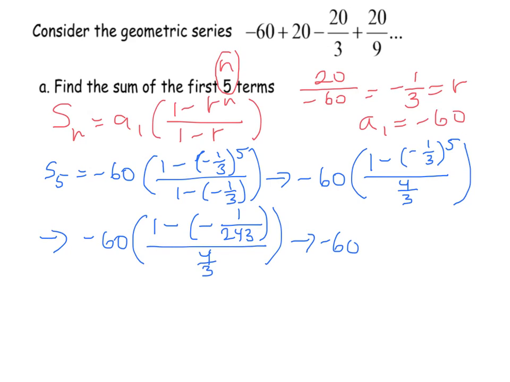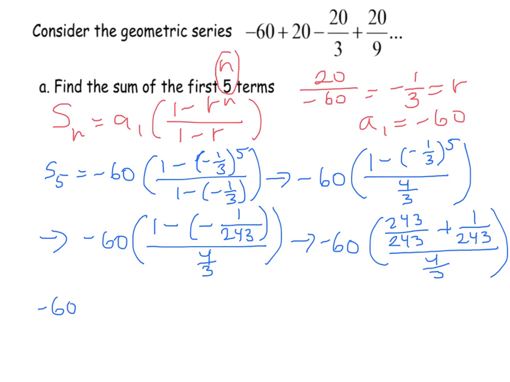So it's negative 60 times 243 over 243. And since I have two negatives, I have to add 1 over 243 and divide this by 4/3. So negative 60 times 244 over 243 multiplied by the reciprocal of 4/3, which is 3/4.